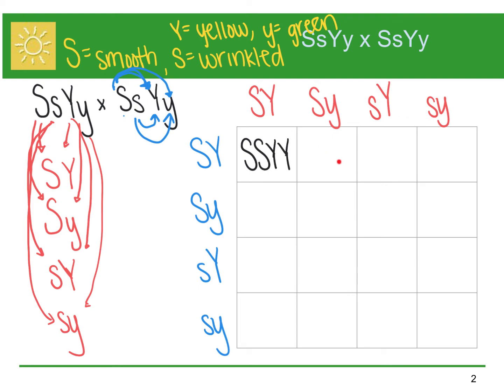Now I'm going to move on to this box. I'm combining capital S, capital S, capital Y, lowercase y.